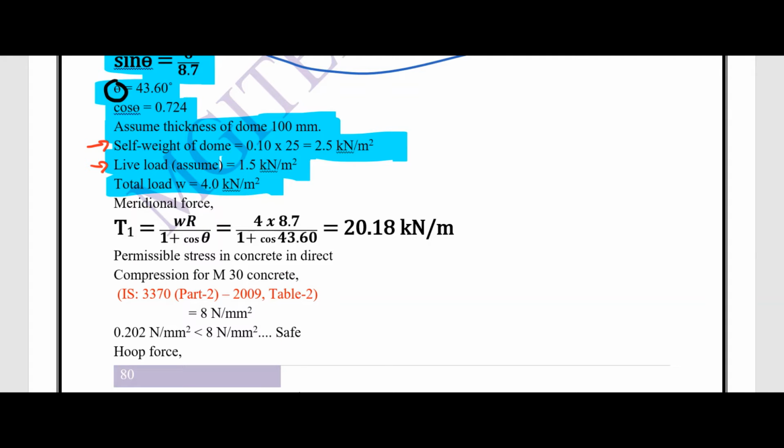Now we have a meridional force. The meridional force equation is T1 is equal to WR divided by 1 plus cos theta. At that time, T1 is equal to 4 into 8.7 divided by 1 plus cos 43.6.